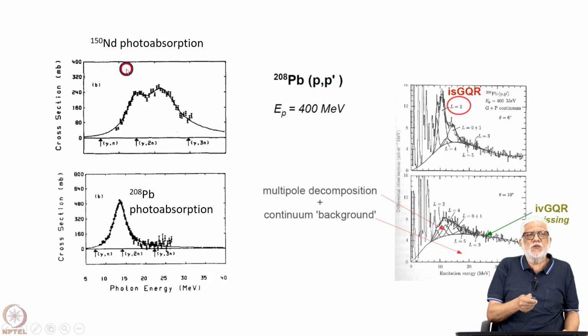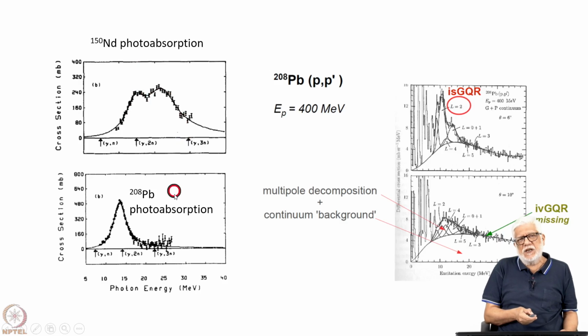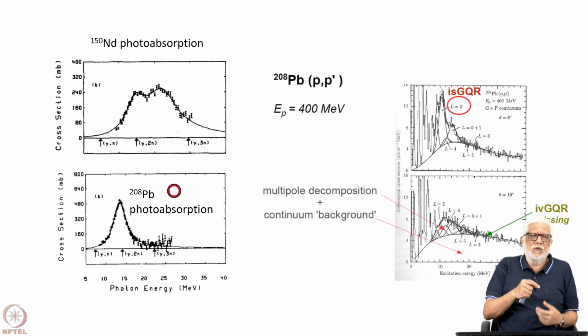It is split in the case of 150 neodymium. The energy is of the order of about 20 MeV or so, but the splitting arises because for a deformed nucleus there are basically two directions. In a prolate case, for instance, you have a long axis which leads to a lower resonance energy, and you have a short axis, and there are two short axes in a prolate nucleus.